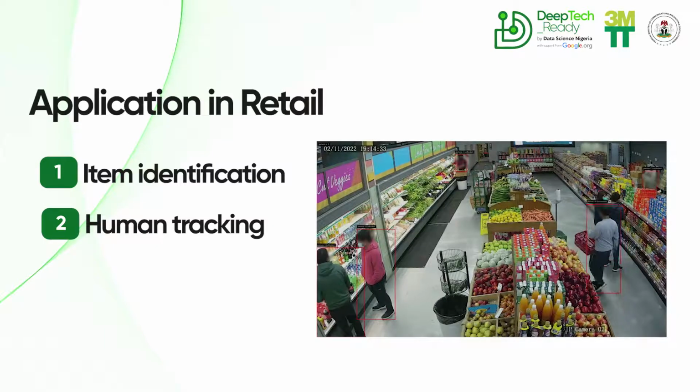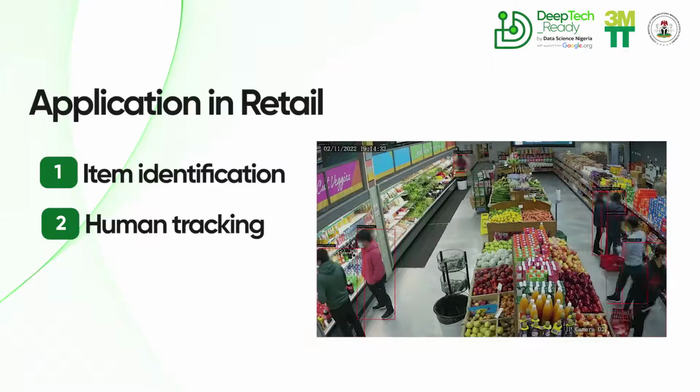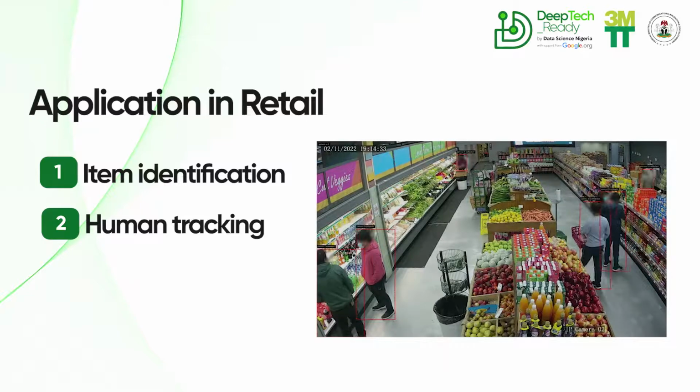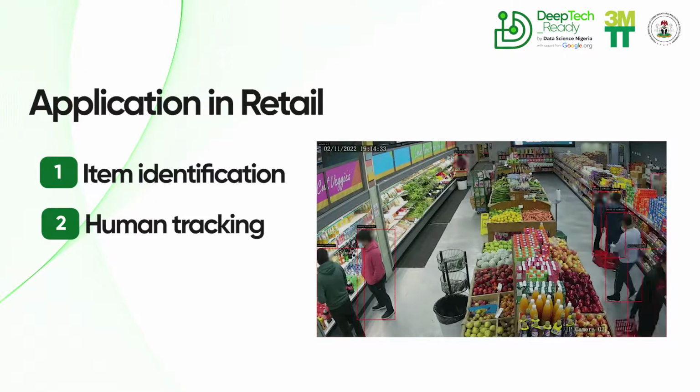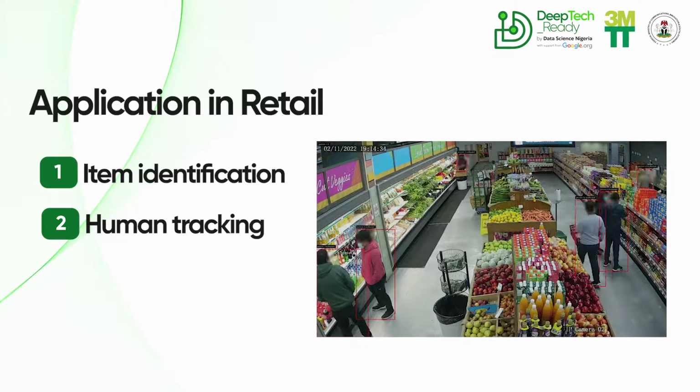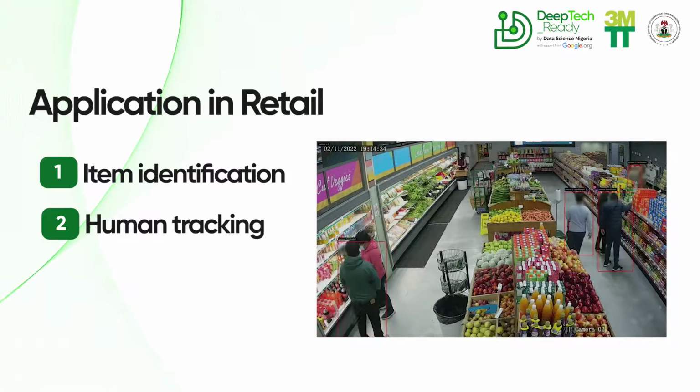With the aid of computer vision, we can identify them and track them. That's object detection. And you can also identify and track what those people are buying. So that's the aspect of computer vision in retail.